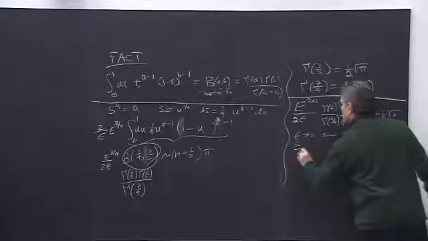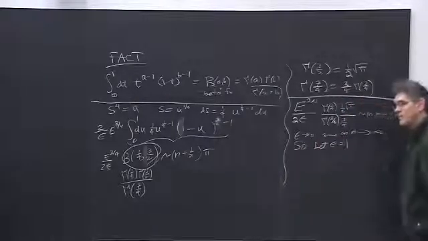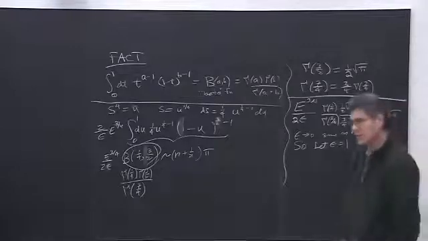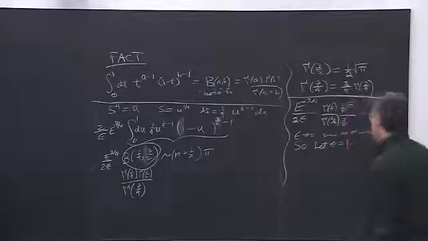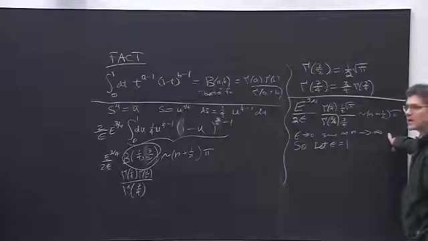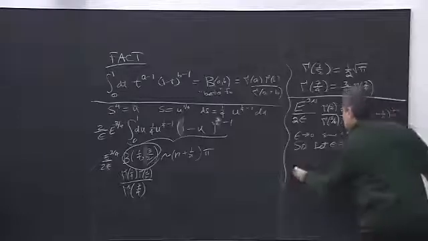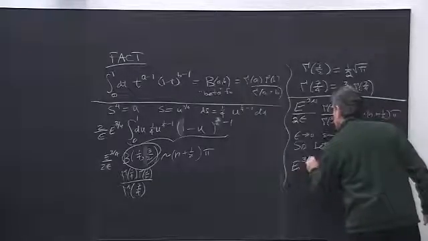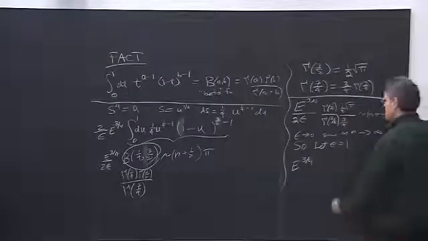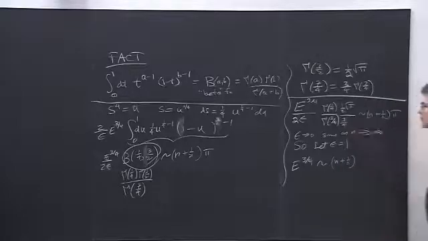So let epsilon equal 1, because that's the problem that we would like to solve. Treat this as being asymptotic as n goes to infinity. And we conclude that e to the 3/4 is asymptotic to n plus 1/2 times a bunch of numbers.